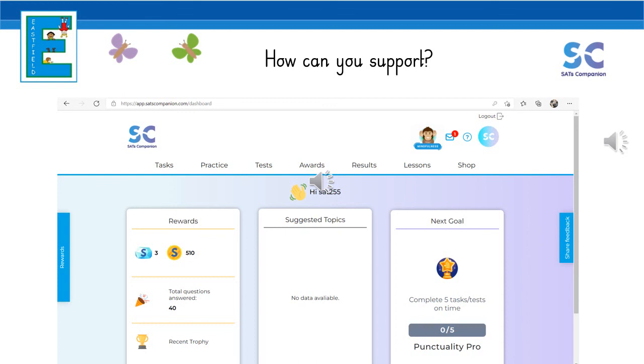Now, Miss Eagle and Mr. Bailey set activities, learning challenges for your children to test them and to practice key skills on SATS Companion. I've put a screenshot on this screen to give you an idea of what it looks like. If you have any other queries or questions about SATS Companion, can you please get in touch with Miss Eagle or Mr. Bailey in the first instance.